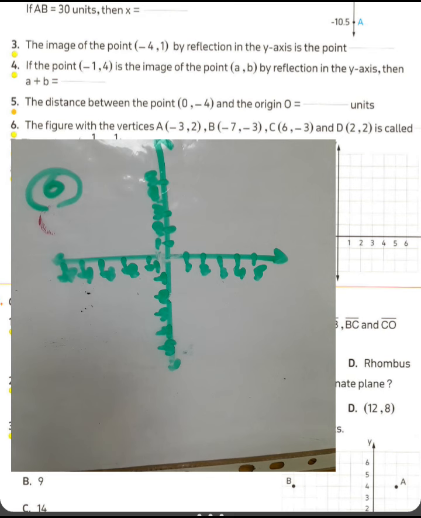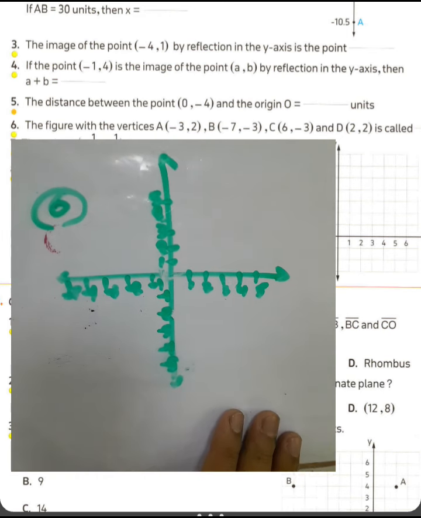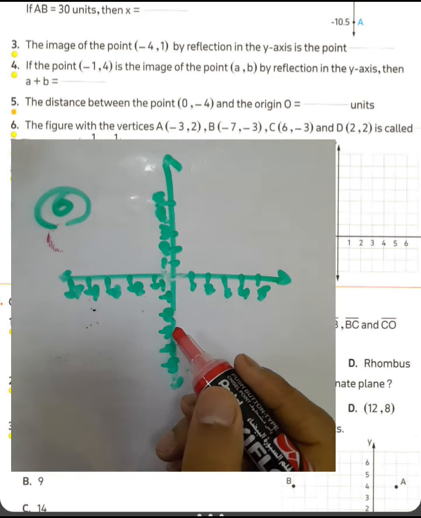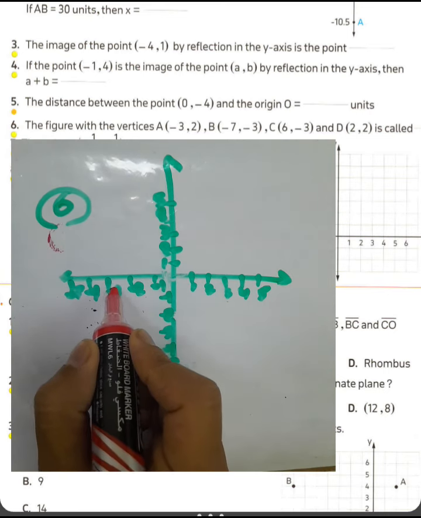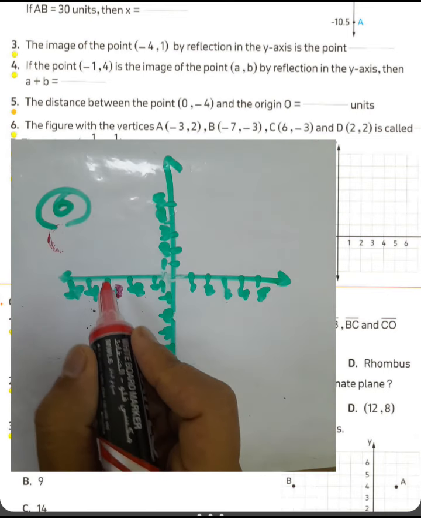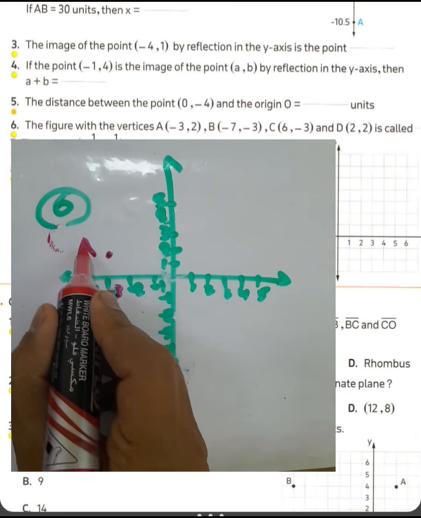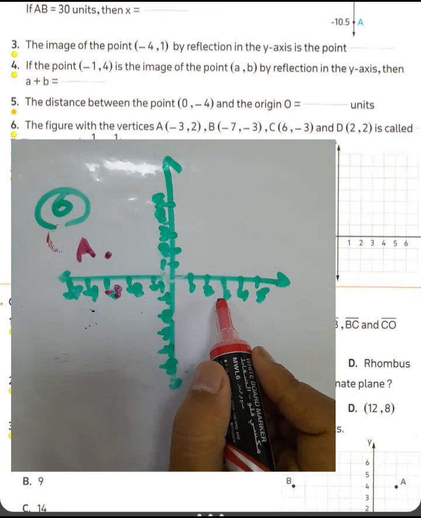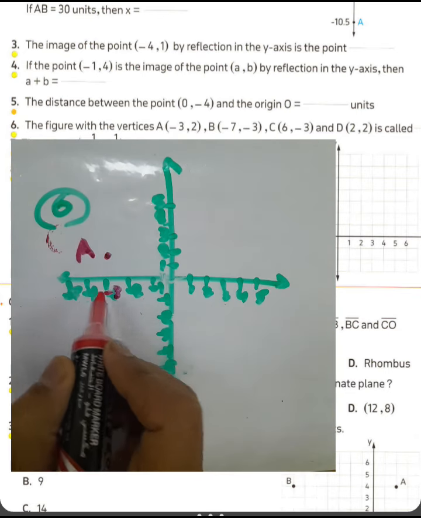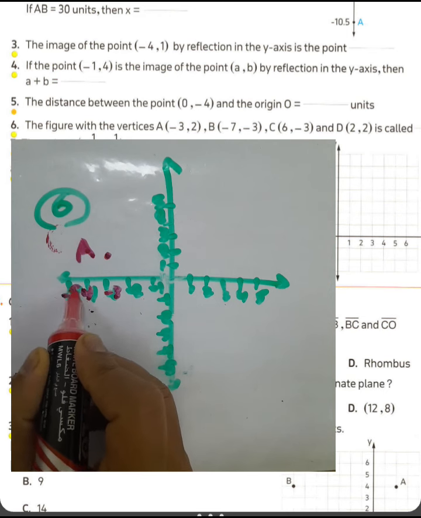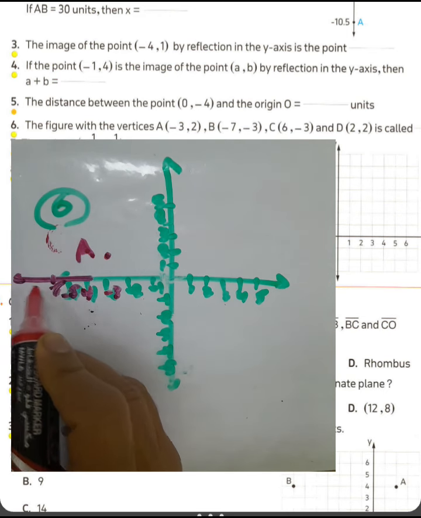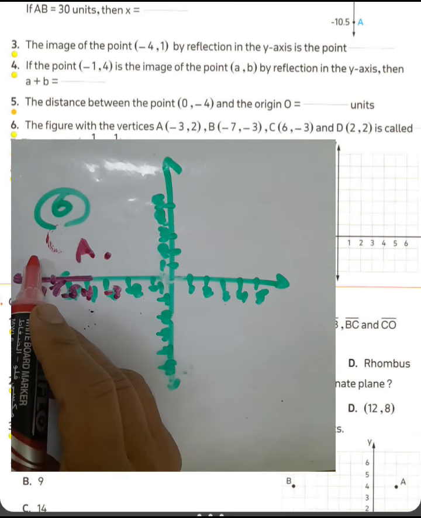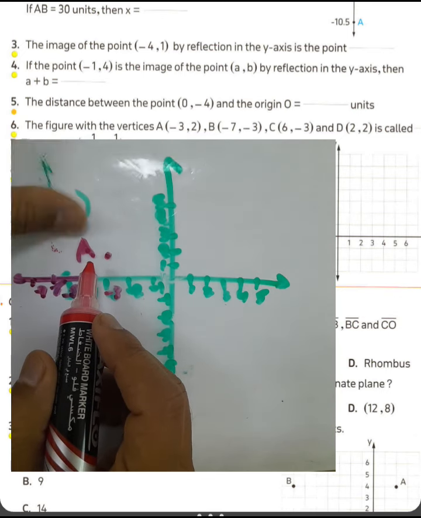Okay. I will put the first point A, negative 3 and 2. We have negative 3 here, and 2. It's the first point A. Second point B, negative 7 and negative 3. Negative 7, where we have negative 4, negative 5, negative 6, negative 7.